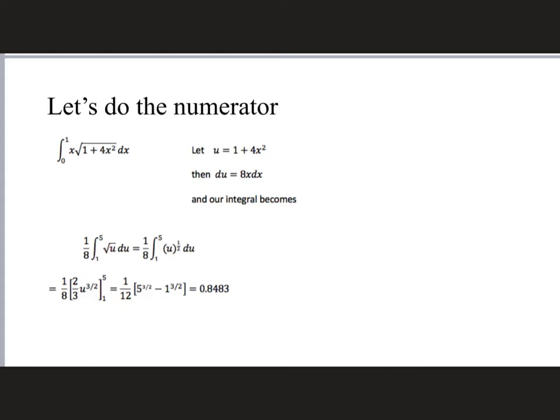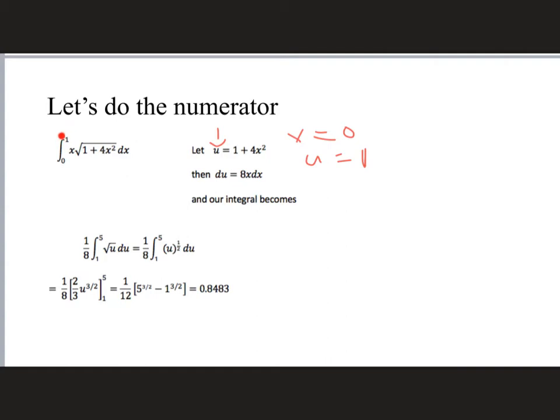Now, I want to mention just for a moment, how did I get those limits? Because we had a limit change. The limit went from 0 to 1, and then from 1 to 5. The way that I get that is I simply plug in the values for my u. So, for example, if x equals 0, that means that u is equal to 1 plus 4 times 0 squared. And so that means that u is equal to 1, because this 4x squared term goes away if x is equal to 0.